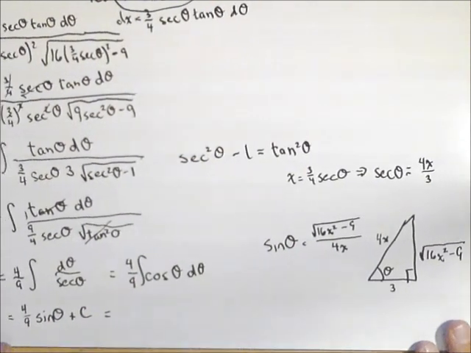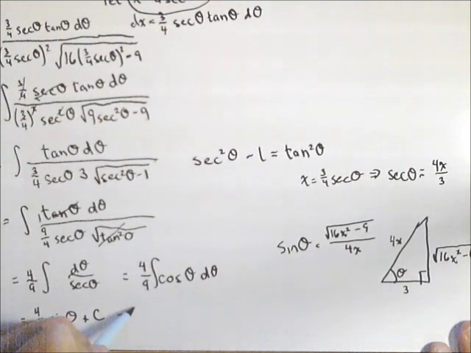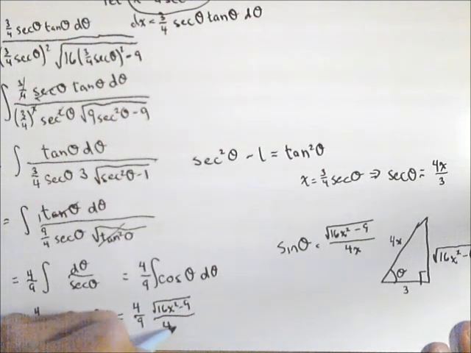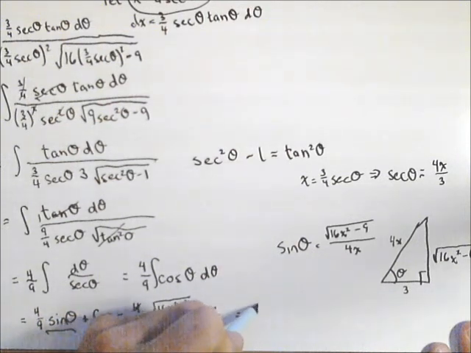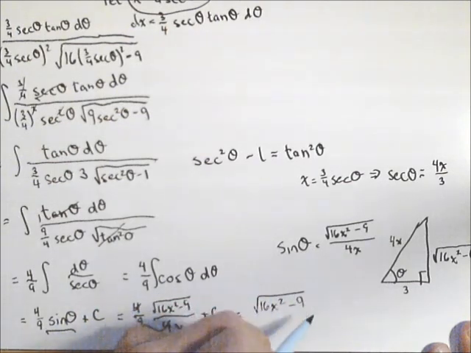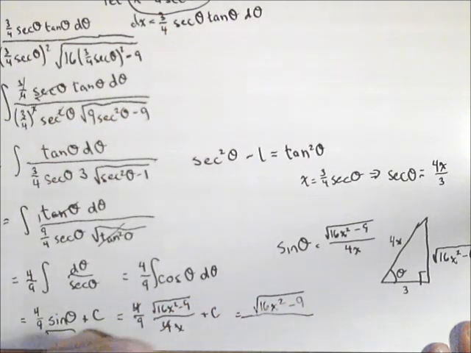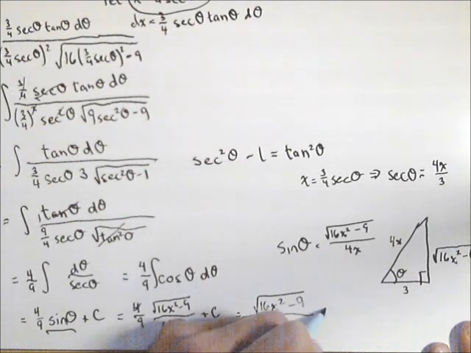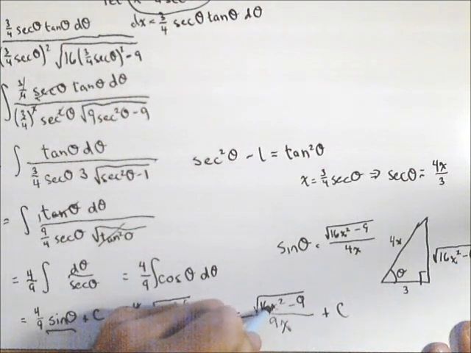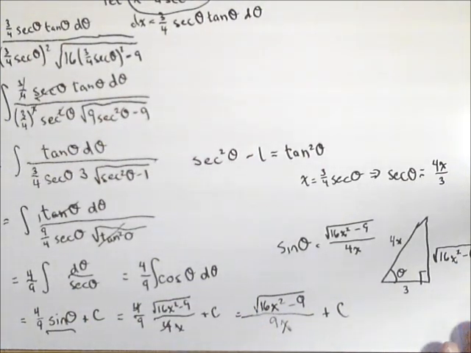So, subbing that into our sine theta here, we have 4/9 times square root of 16x squared minus 9 over 4x plus c. We can cancel out those 4's. And we get the square root of 16x squared minus 9 all over 9x plus c. And there's our antiderivative.